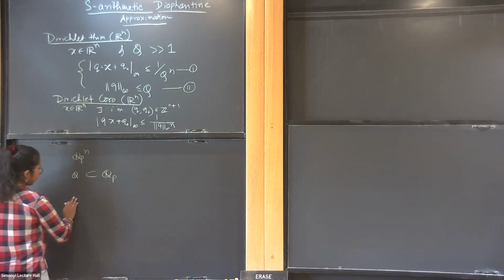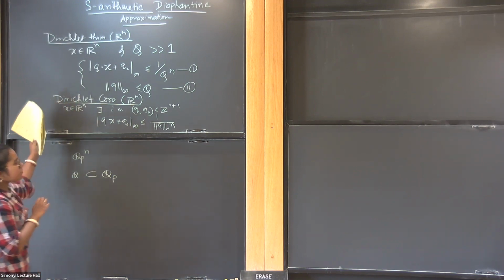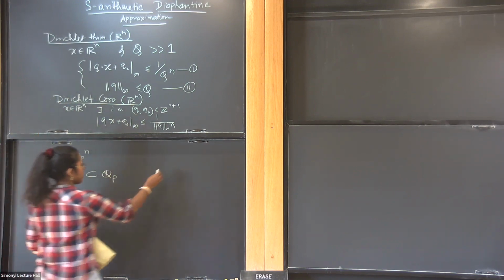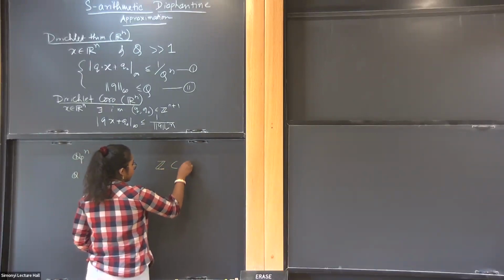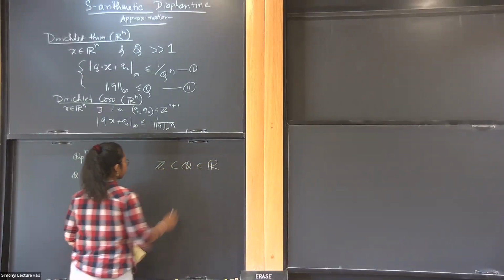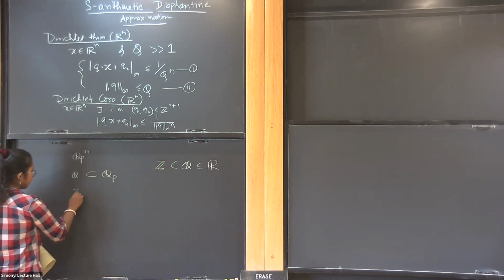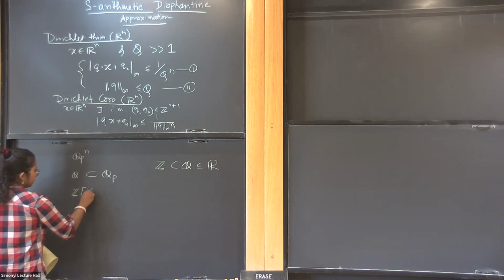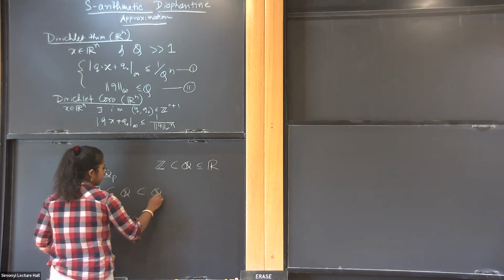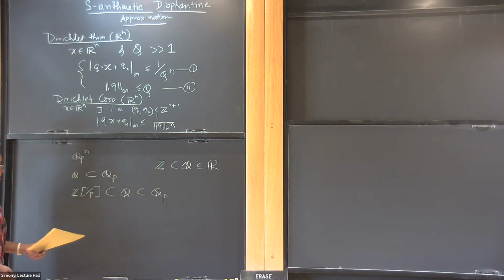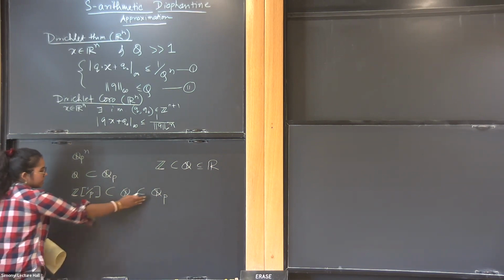In the case of Rn, we had this chain of sets: Z, then Q, and then R. Here also you can think, let's say Z[1/p], and then Q, and then Qp. And Q is dense in Qp. And moreover, this Z[1/p] is dense in Qp.